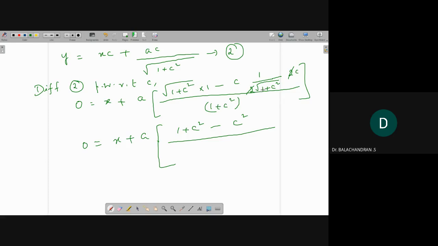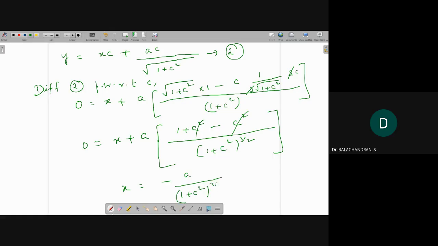So root of 1 plus c square also comes to the denominator. So 1 plus c square whole power 3 by 2. So c square gets cancelled. So from this you can write x in terms of c and a. So x is equal to minus a by 1 plus c square whole power 3 by 2.